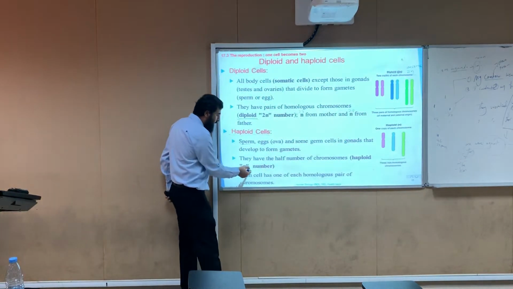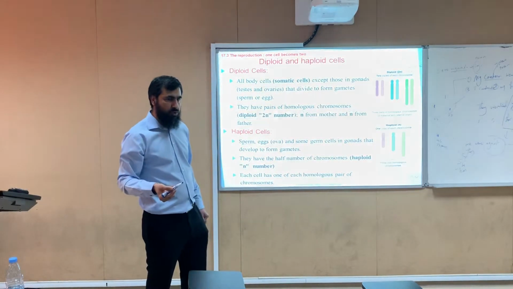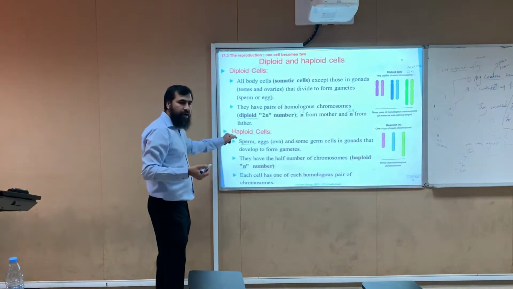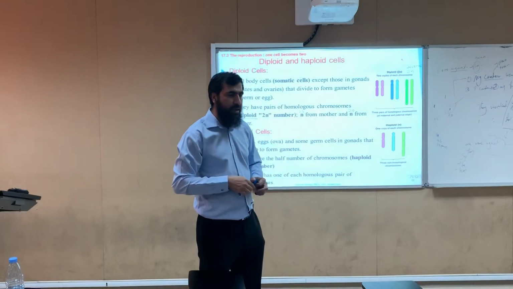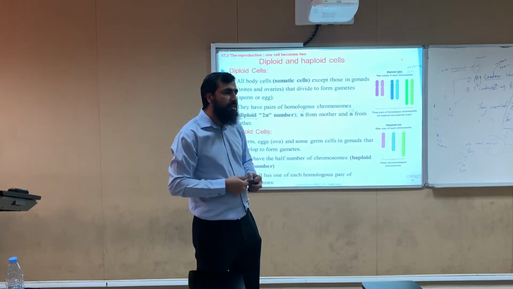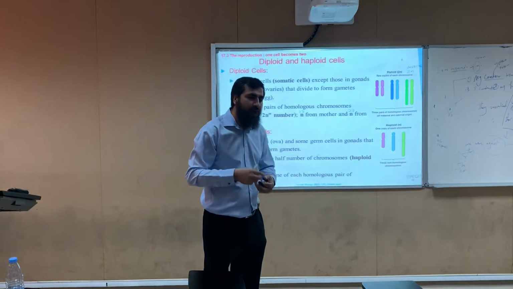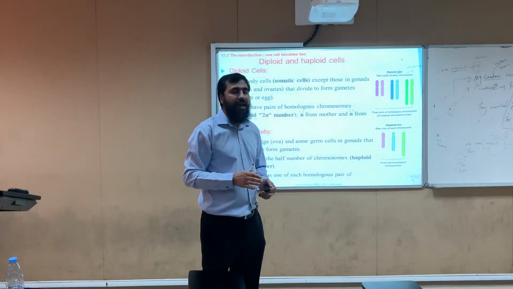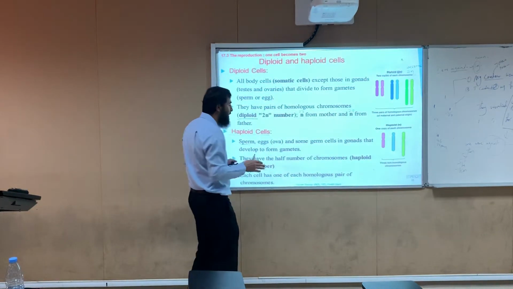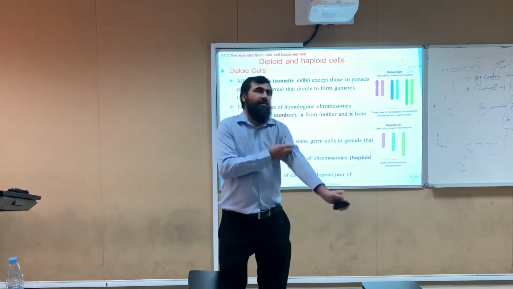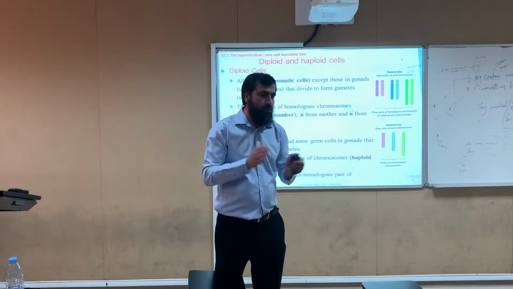The N number, okay, because it has half the number of chromosomes. Because during gametogenesis, what we call the formation of the sperm and the egg, the cells lose chromosomes when they divide. What happens is that duplicated chromosomes divide.